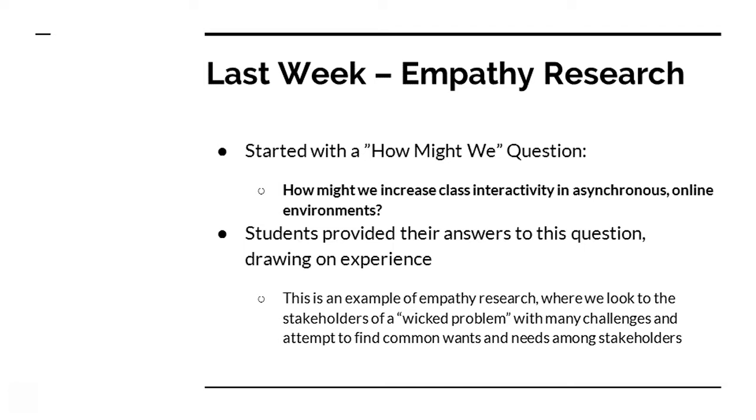So the first thing that I did was I used a really easy, low-fidelity design thinking tool. These tools are associated with some of the wicked problems that we've looked at, that can't be solved but can at least be approached using design thinking methods. One of those is a how might we question.